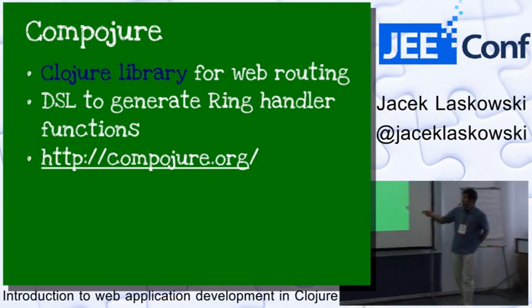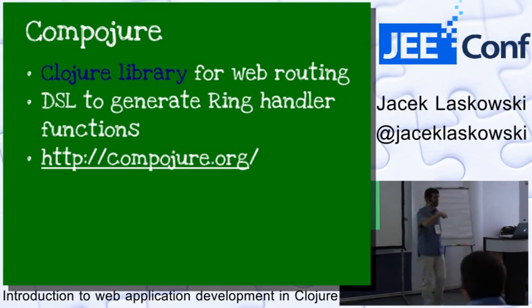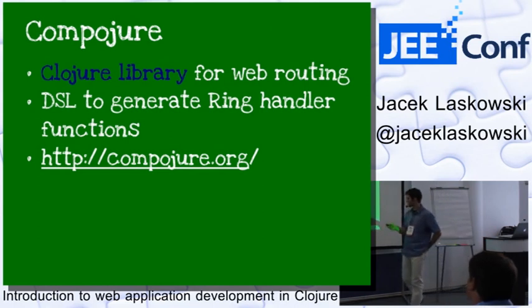Okay, it's just a DSL to generate Ring handlers or Ring handler functions. We know what handlers are in Ring. They are functions that accept a map and return a map, right? And they are especially treated by Ring to generate pages. Good.